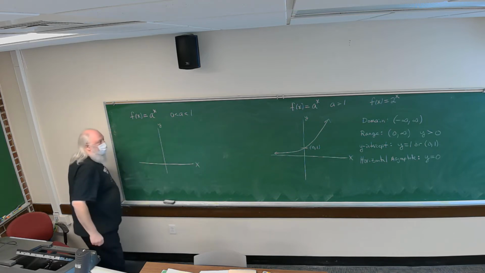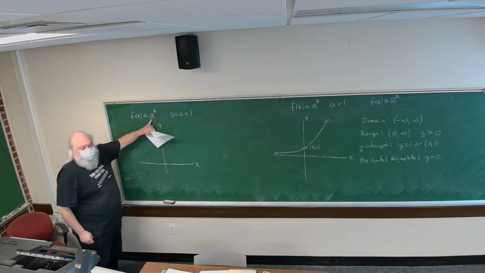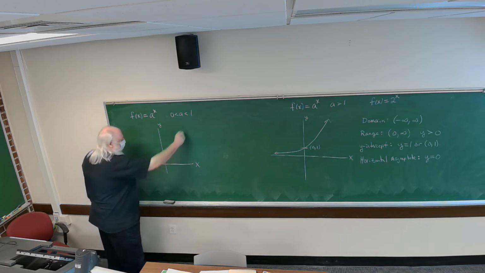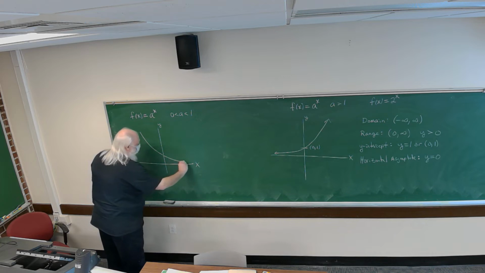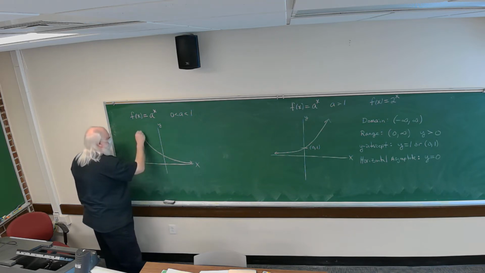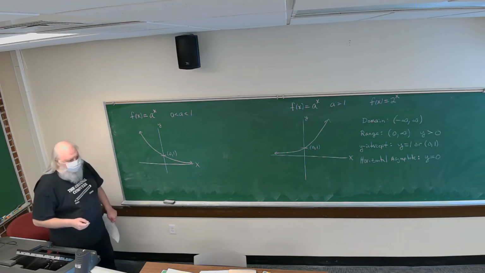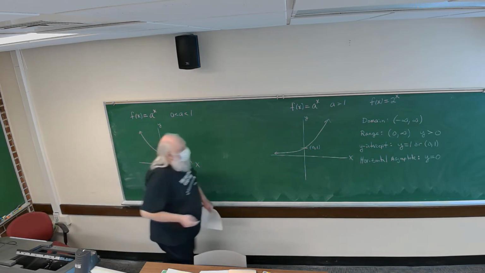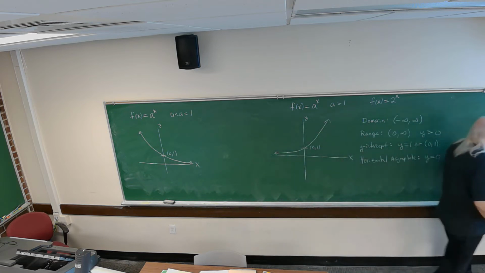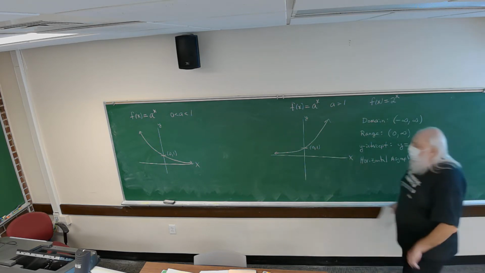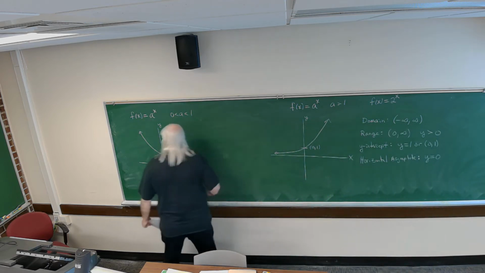We know what the graph of f of x equals 1/2 to the x power looks like. Instead of going up from left to right, it goes down from left to right. It still crosses the y-axis at the point 0, 1. The domain, the range, the y-intercept, and the horizontal asymptote are the same as over here. Nothing's changed. The domain is all real numbers.